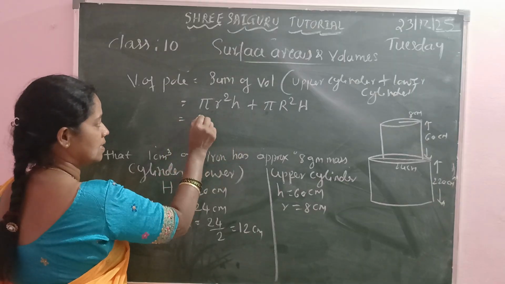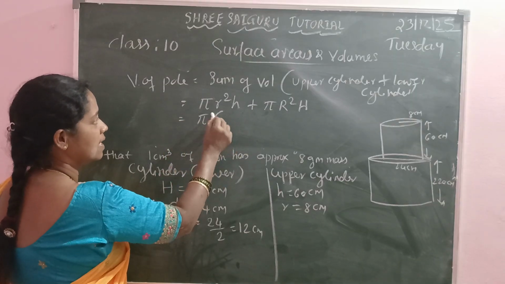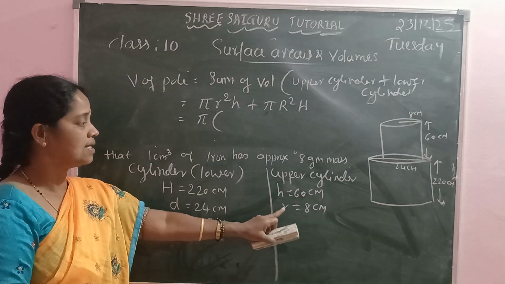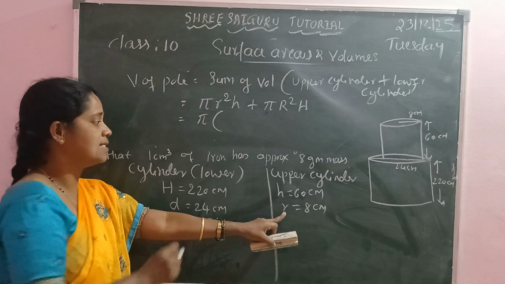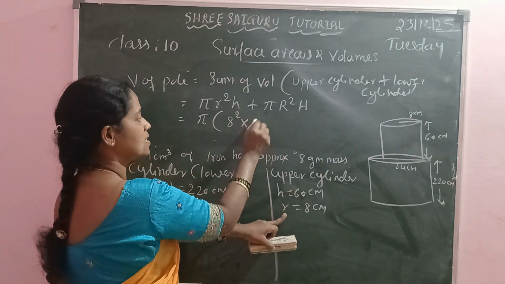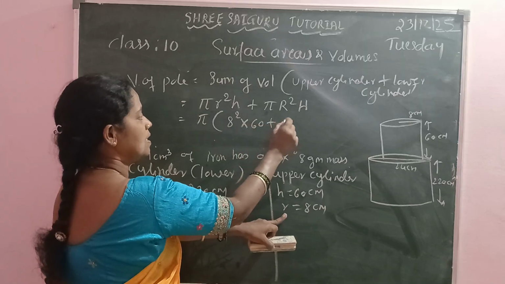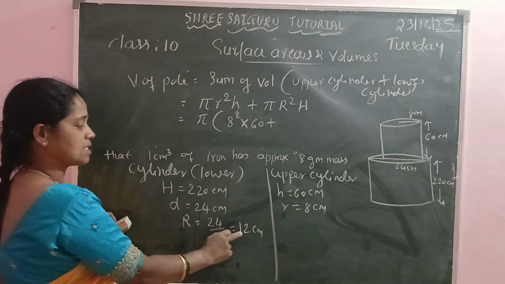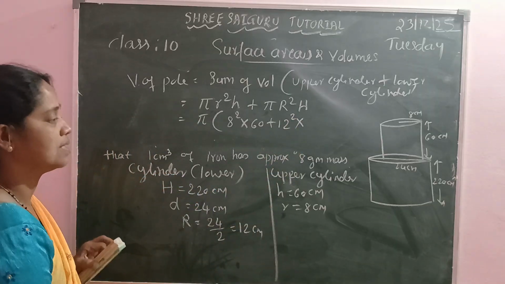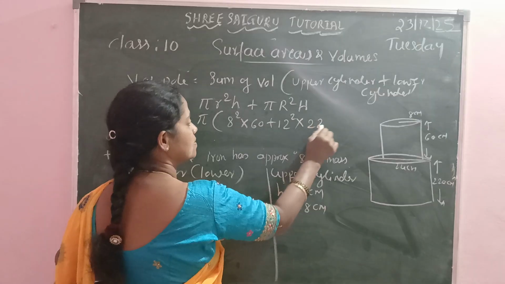Pi is common. For the upper cylinder, r is 8 centimeter, so 8 square into height 60, plus capital R, 12 square, into the height of the big cylinder, 220.